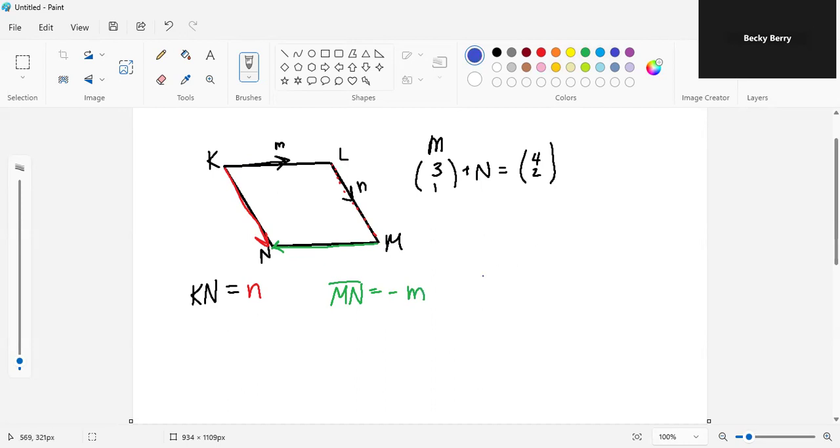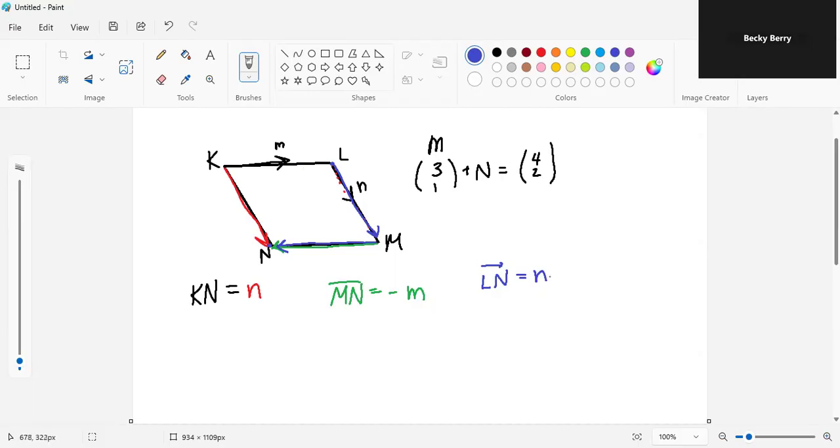How about LN? To get from L to N, we can go along vector n, and then against what would be vector m.